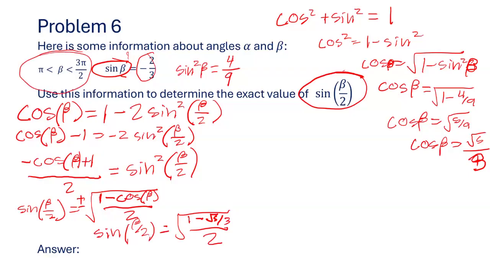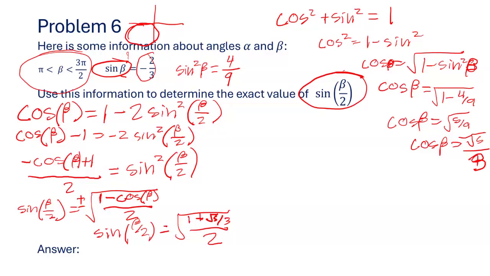We have this. So this means we're not in the first quadrant. If we go between pi and 3 pi halves, we're in this quadrant right here, quadrant 3. And here cosine is negative. So we actually have a negative. But since we're subtracting a negative, it's plus.